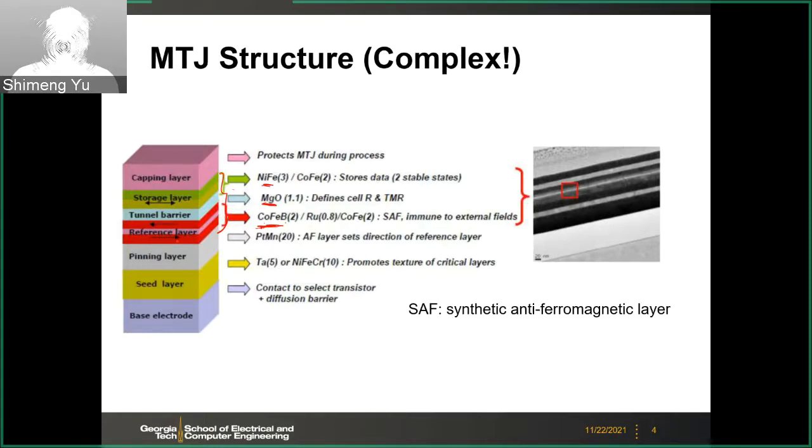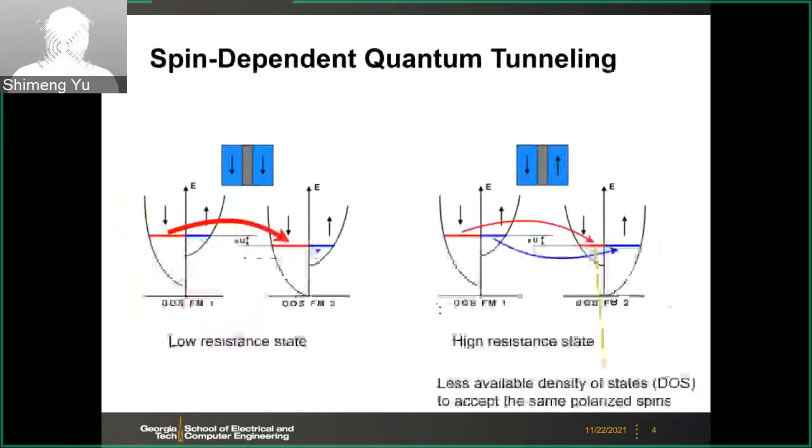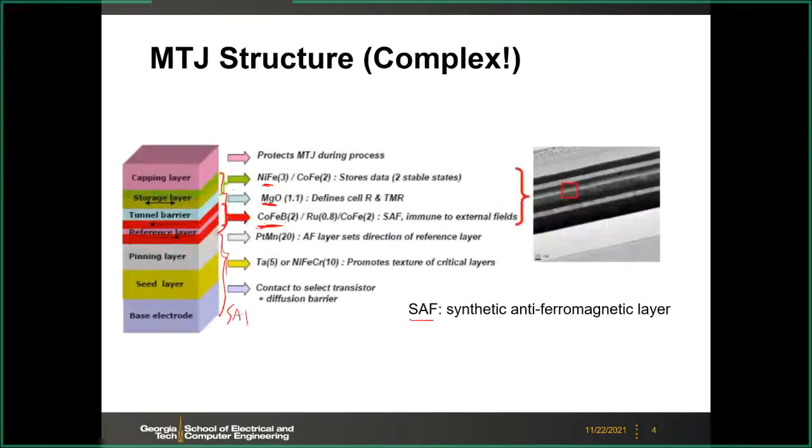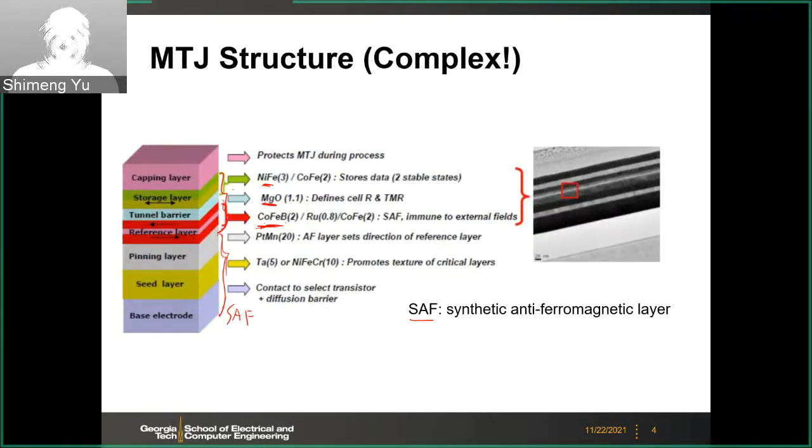But to make the bottom pinned layer always pinned, there will be some assisting layers. Those layers help to pin the bottom layer, for example, always to the right. This is sometimes called the SAF structure, a synthetic antiferromagnetic layer, to help pin the layer.